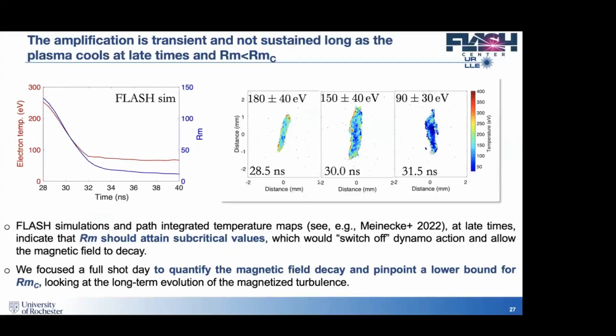In fact, when you measure the temperature evolution in turbulence that we generate in the lab, what we find is that the temperature a little bit after the initial amplification will ultimately drop through radiation losses or thermal conduction losses, just the expansion of the turbulent plasma. And we can expect at some point the magnetic Reynolds number to become below the critical value, right? And therefore have the field itself decay.